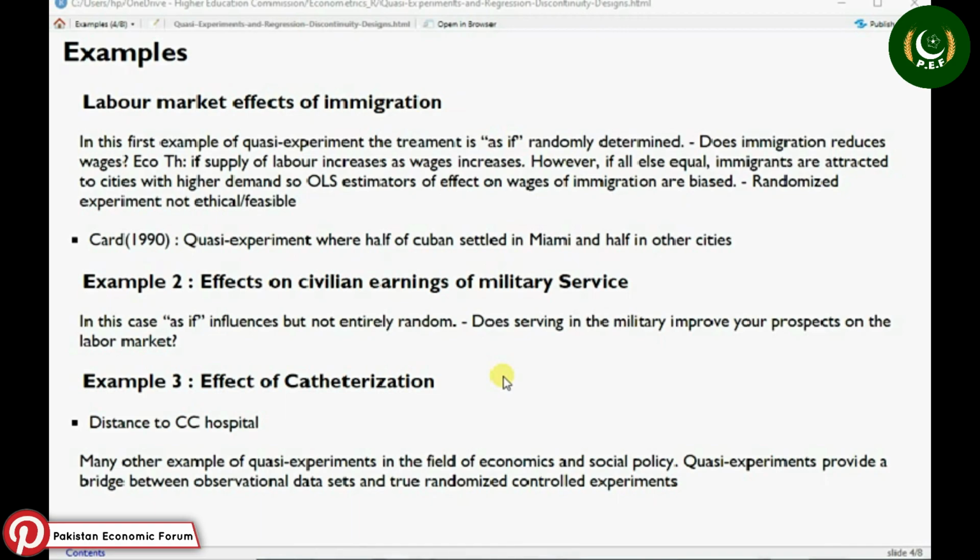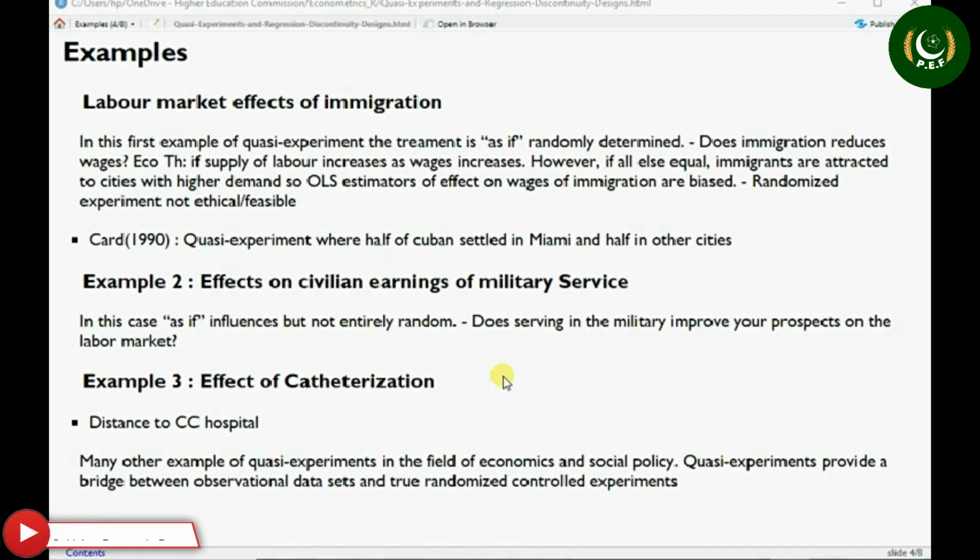So there was a natural experiment which Card studied in 1990: there was a relaxation on the Cuban population for immigration to the US. Half of that population settled in Miami and half in other cities.